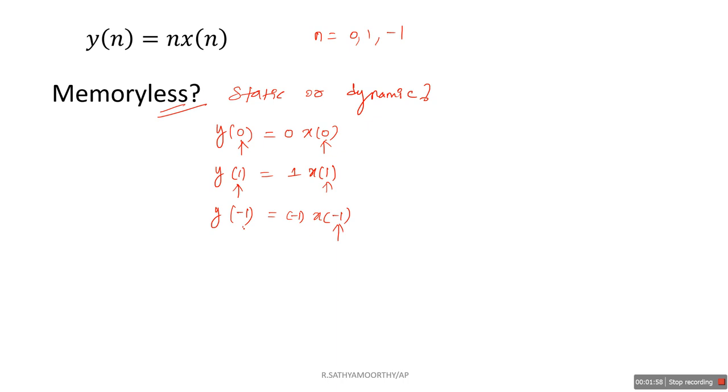Again the output at the time index n equal minus 1 depends on the input x of minus 1. So the system requires no memory. Therefore the system is memoryless.